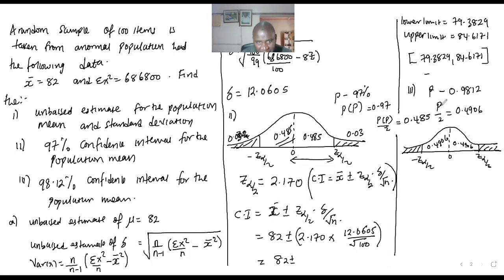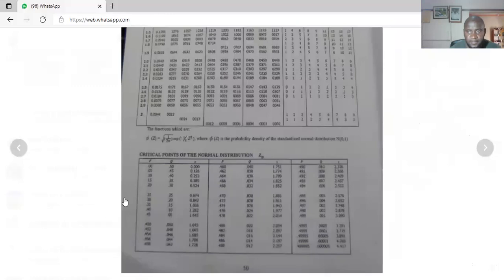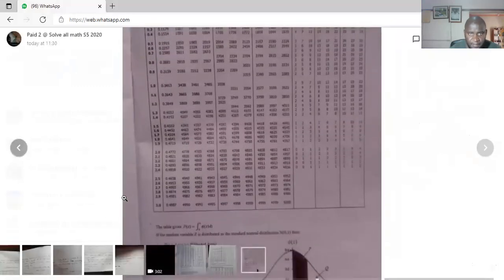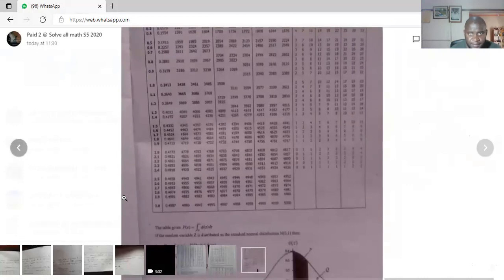I think my friend, the lady, I've forgotten her name, got this value from here. She had already halved it. Now, we go to page 51 and look for the Z alpha over 2. So we look for 0.4906.